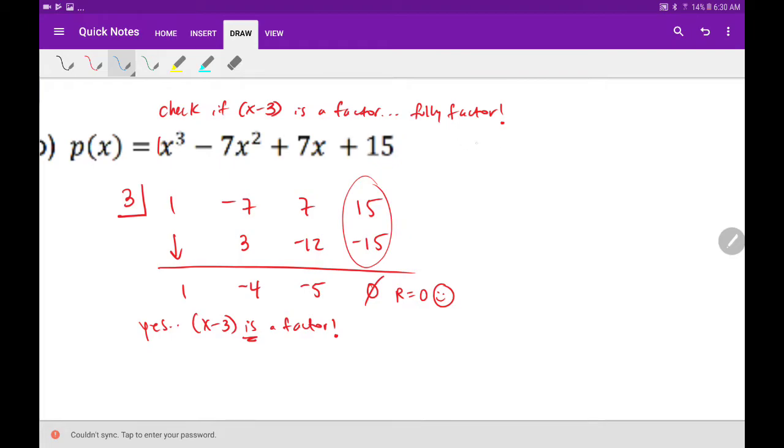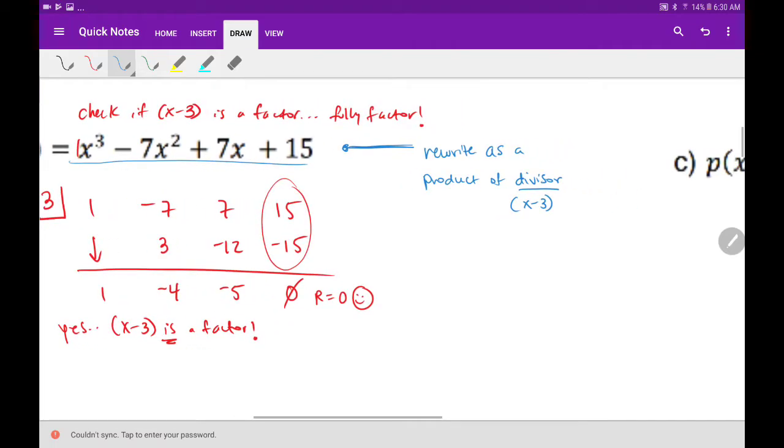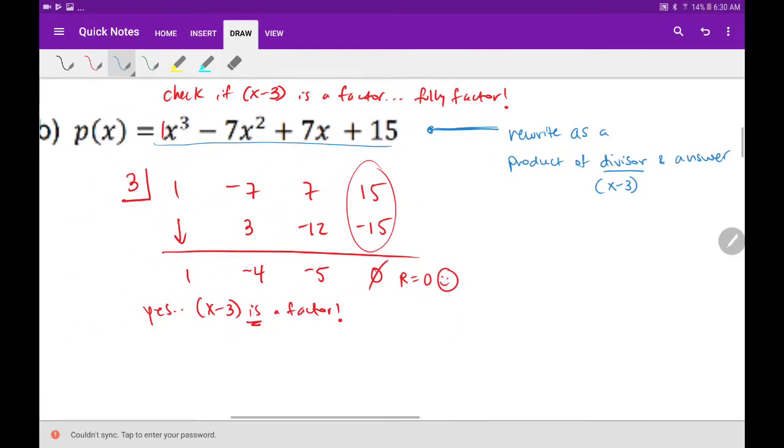So if you are asked to continue factoring, then after synthetic division, you want to rewrite your large polynomial as a product of your divisor. That's the thing you're dividing by, in this case x minus 3. Rewrite as a product of the divisor and your answer. And when I say answer, I'm talking about the answer to the division problem. So let's write our answer really quick.